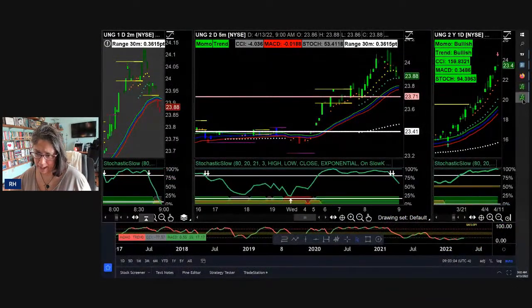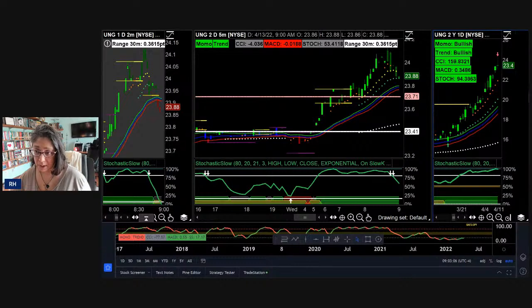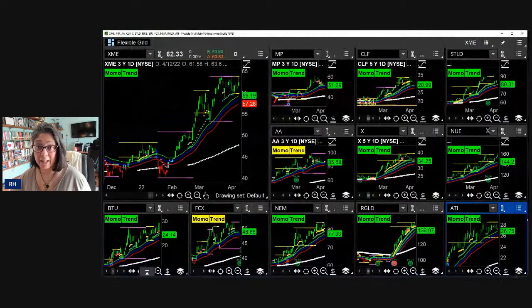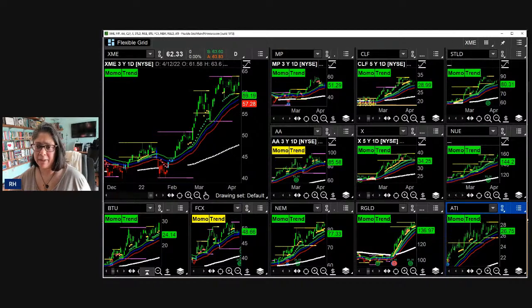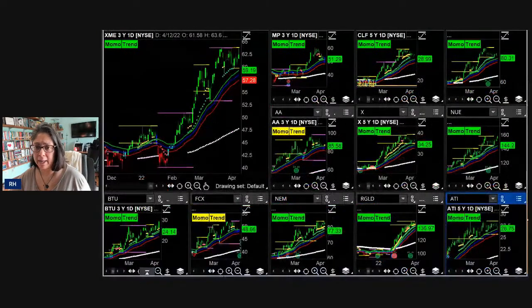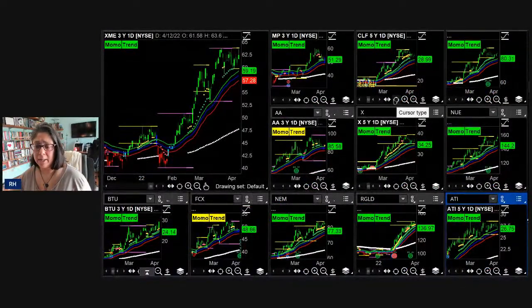And by the way, I scanned for those with that layout. I know it looks a little busy at first, but when you understand that there is really no better way to look at high concentration weighting of the ETFs and the indices that we trade and look at which stocks are relative outperformers.